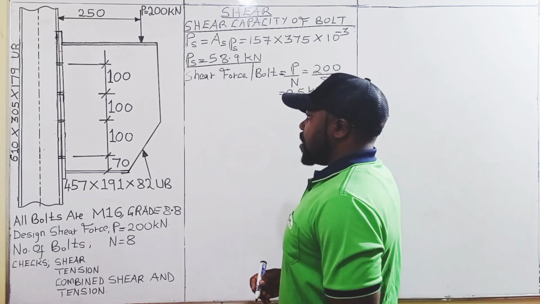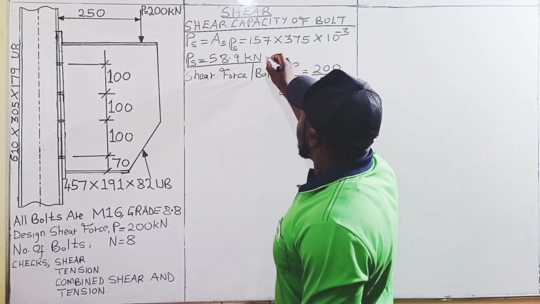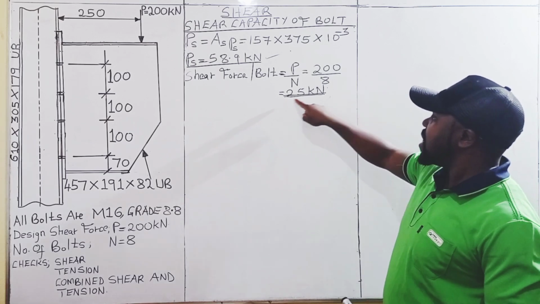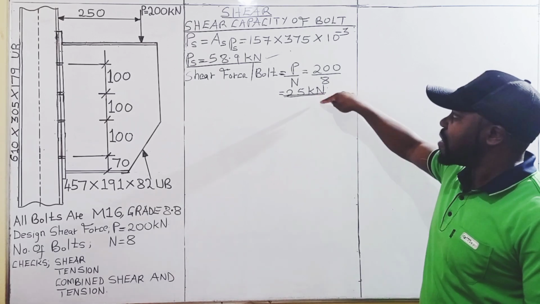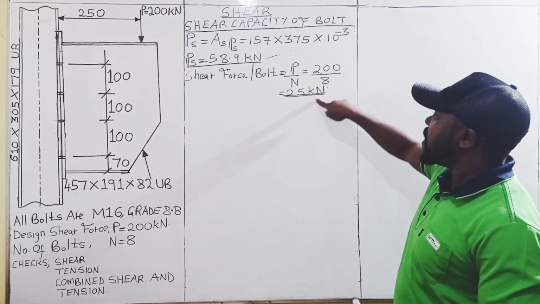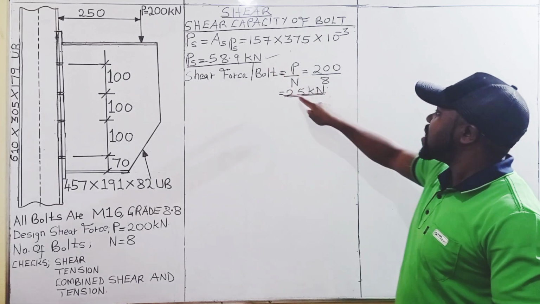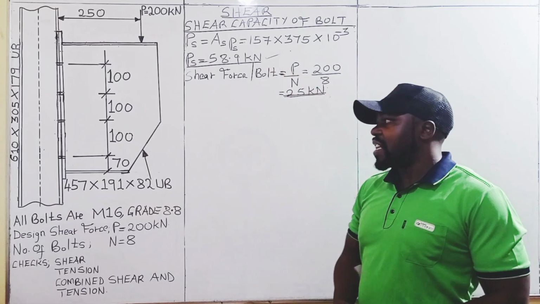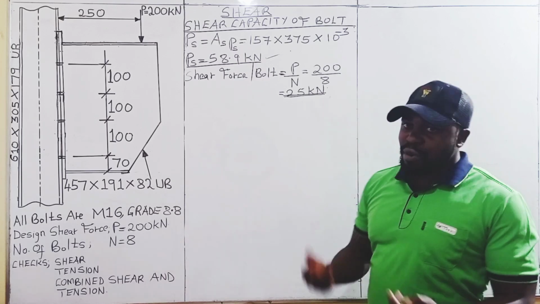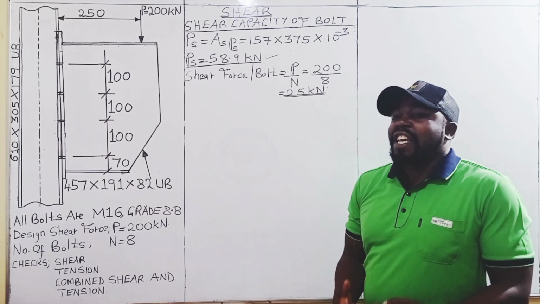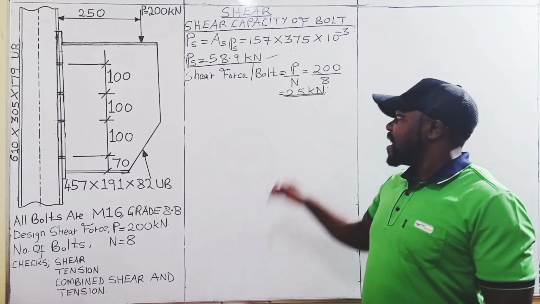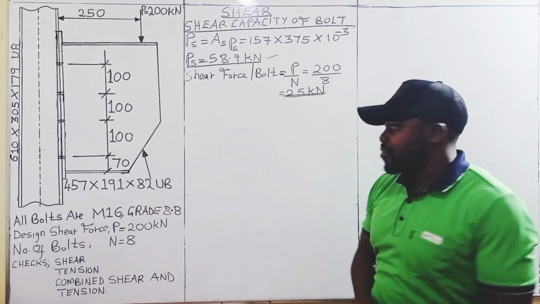Therefore, when we compare the shear capacity of the bolt with the shear force that each bolt is subjected to, we find that the shear capacity is greater than the shear force, and therefore under shear, the bolts are satisfactory since their capacity is greater than the force they are subjected to.